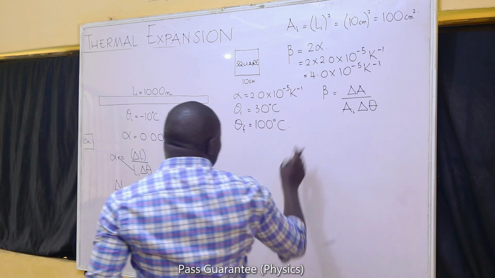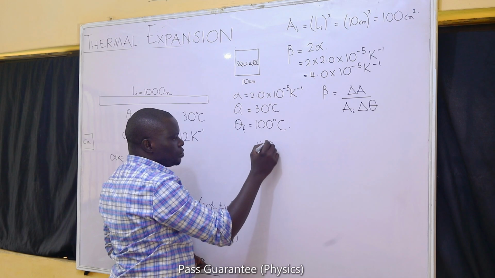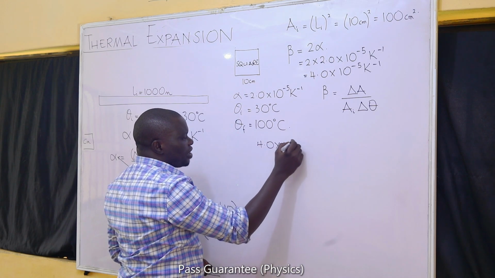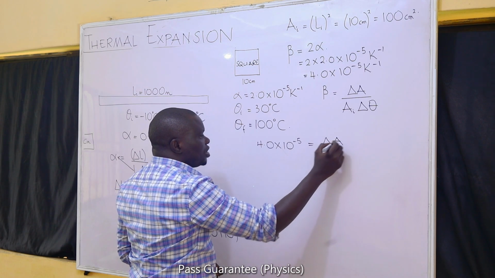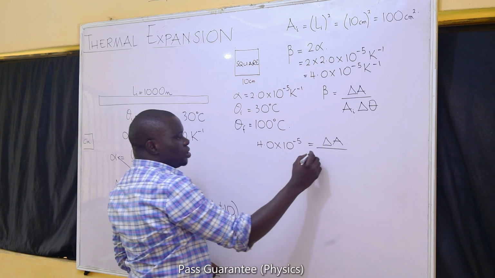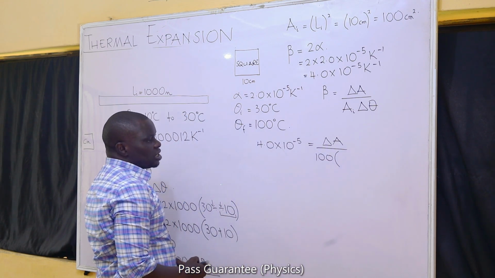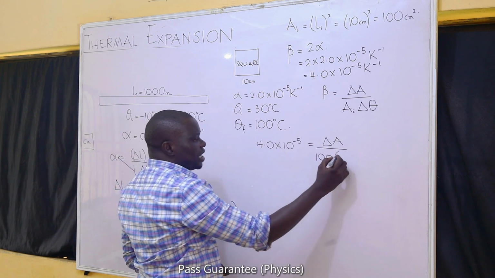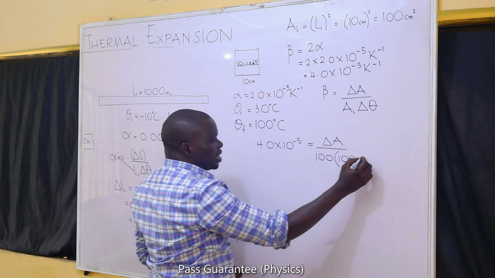So the areal expansivity, 4.0 times 10 raised to power minus 5, is equal to the change in area all over the original area. The original area here has been calculated to be 100, multiplied by the change in temperature. Change in temperature is evaluated as the final temperature 100 minus the initial temperature 30.